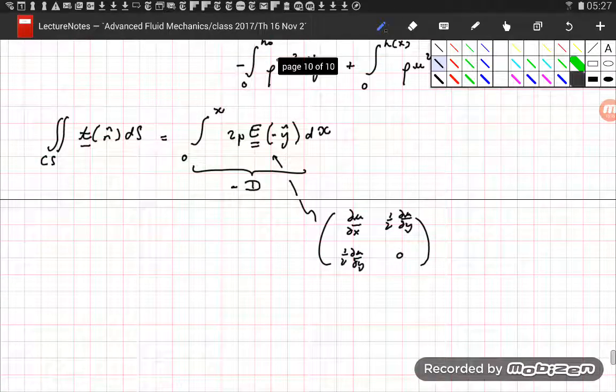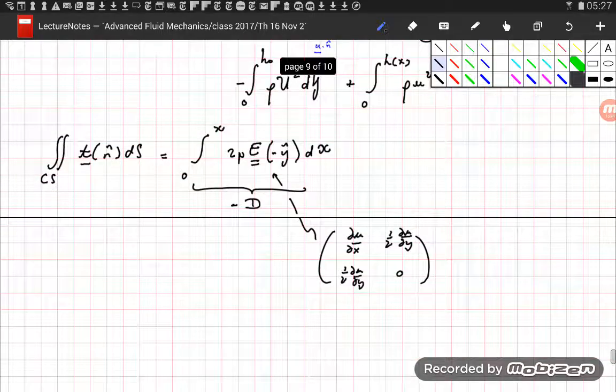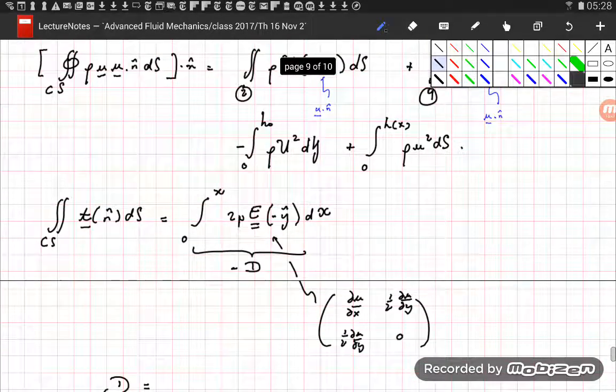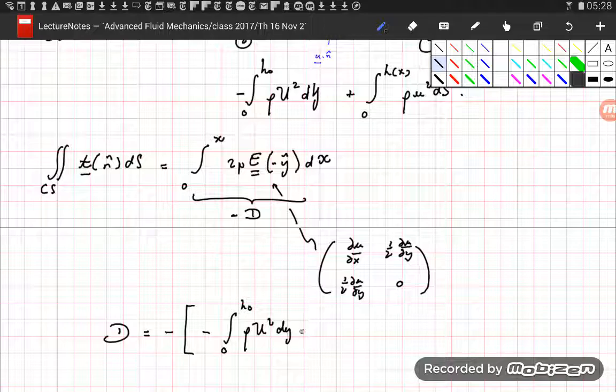But let me just write that this is equal to minus D, and therefore if we put everything together, we're left with D is equal to, so I'm putting D on the left hand side now, so there is a plus sign, equal to minus the flux of momentum coming outside of my control surface, so minus integral between 0 and h naught of rho u squared dy plus integral between 0 and h(x) of rho small u squared dy.